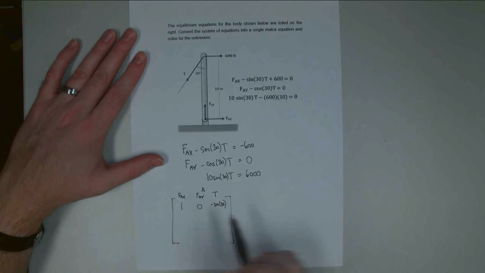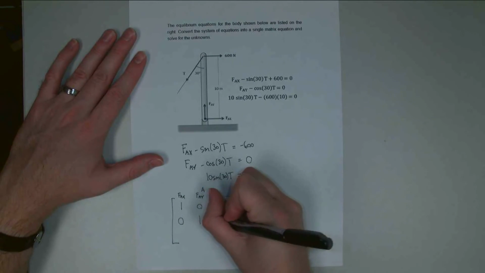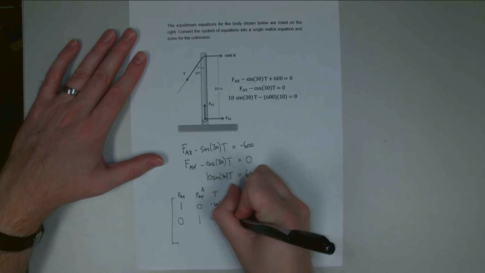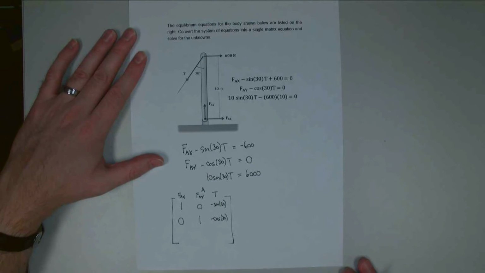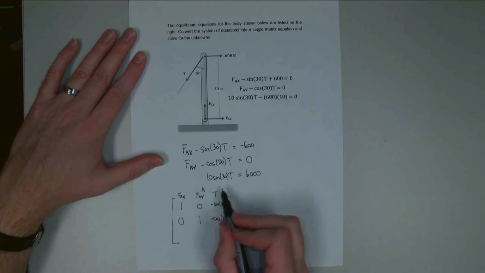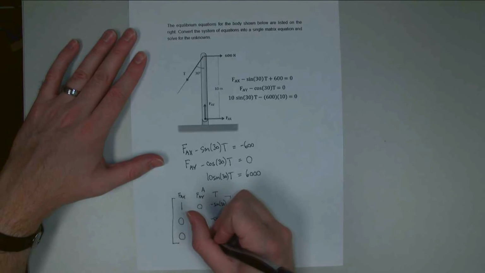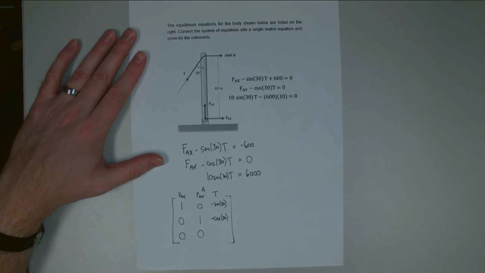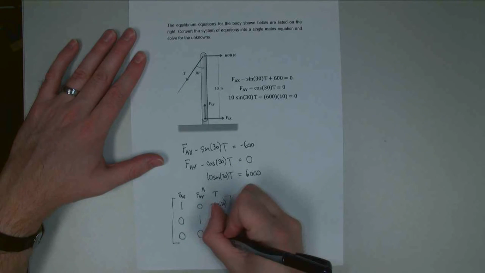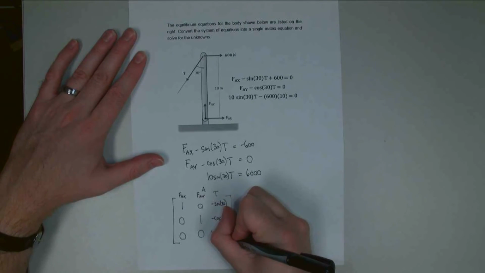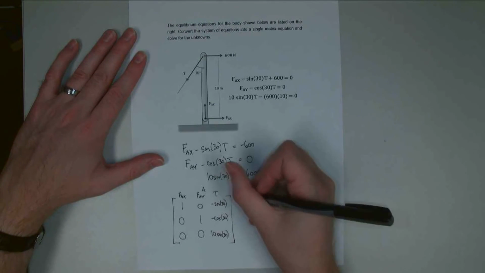Alright, so for the next equation I have 0 times FAX, 1 times FAY, negative cosine 30 times the tension. And for the third equation I have 0 times FAX, 0 times FAY, and then 10 sine 30 times the tension.